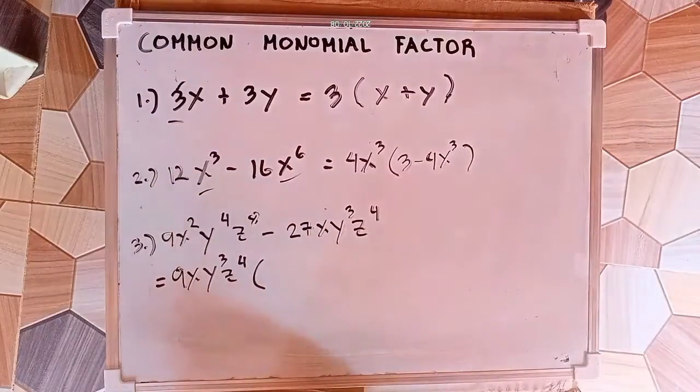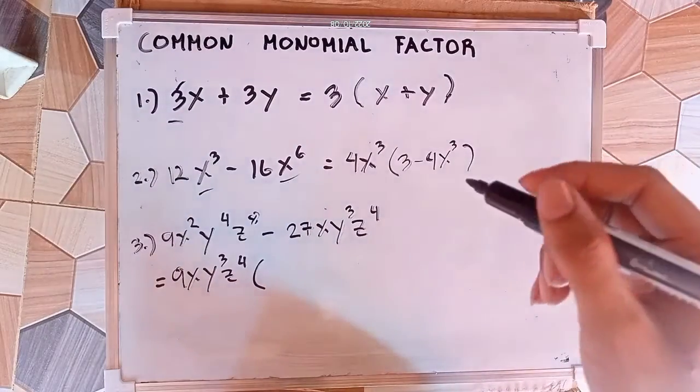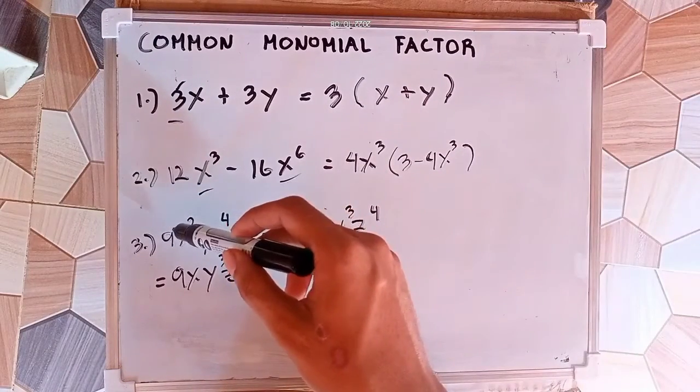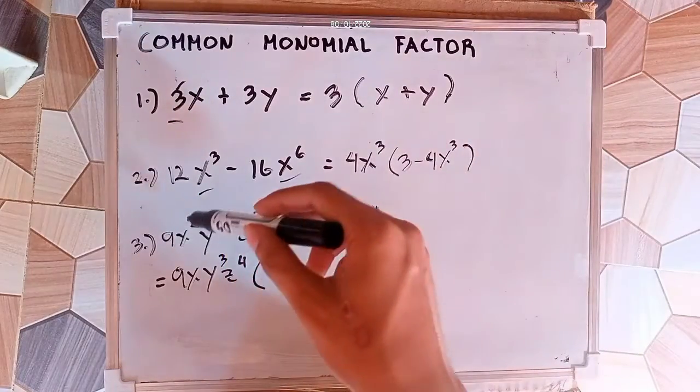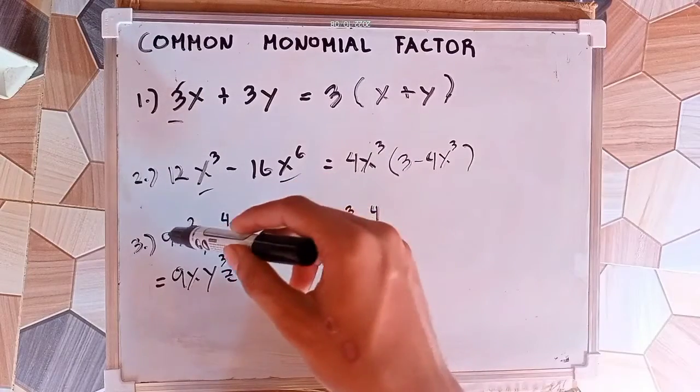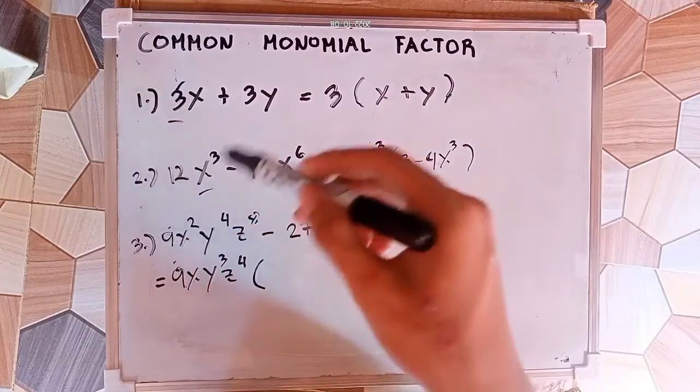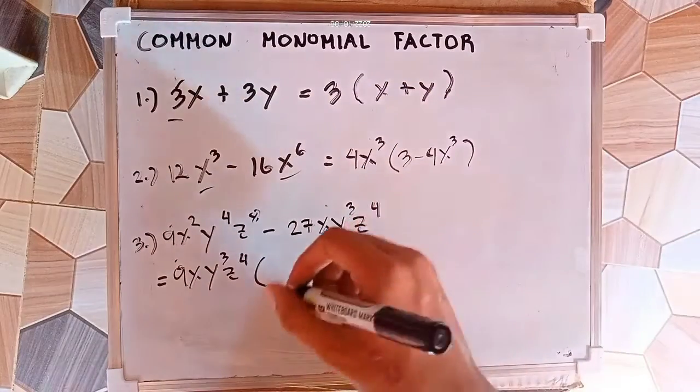Then prepare parentheses. Next step, just divide the coefficients, our first term and our second term. First term first. 9 divided by 9, that is simply 1.